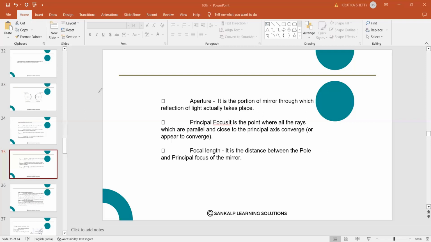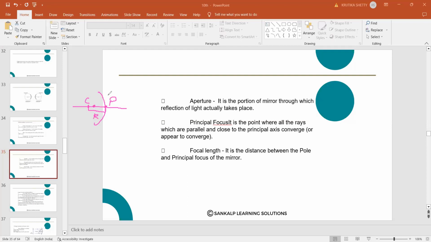Okay. So concave mirror, this is the principal axis. Here it is the center of curvature. This is a pole. And this distance is called as radius of curvature. Principal focus is what? It is the point on the principal axis.